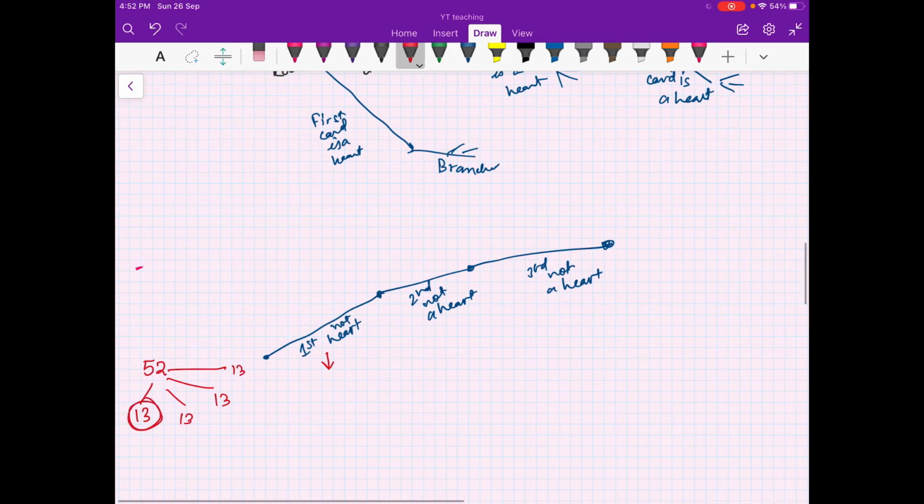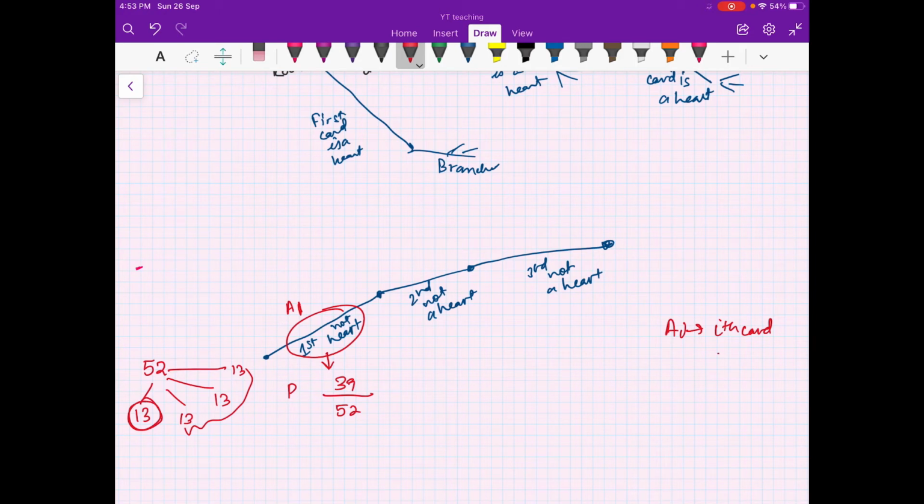So there are 13 cards which are heart, and we don't want a heart. It means that out of 39 total cards, we can choose any of the 39, divided by 52. So this is the probability of A1. Let us say that Ai means the ith card is not a heart. So this probability of A1 is 39 by 52.